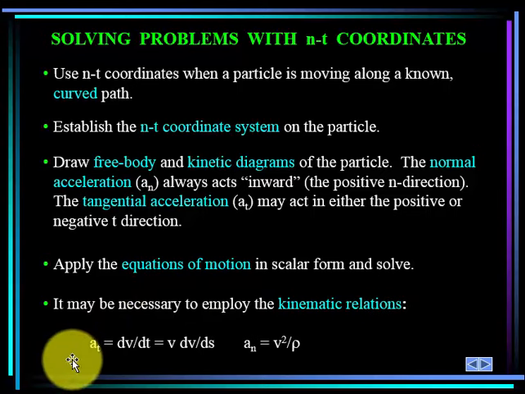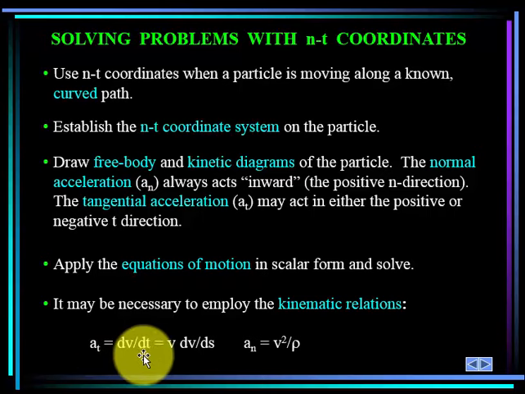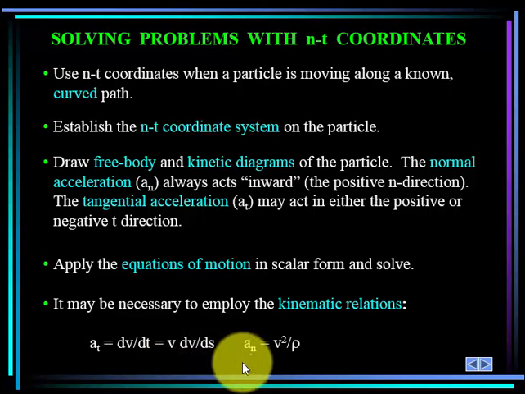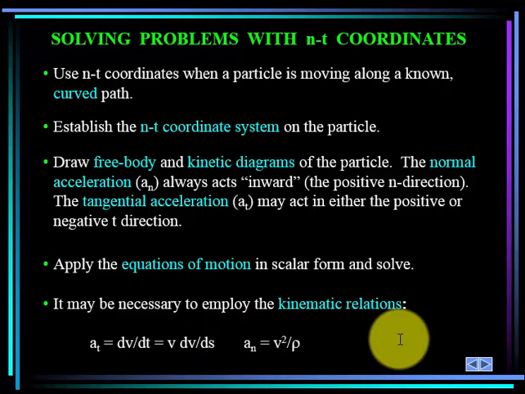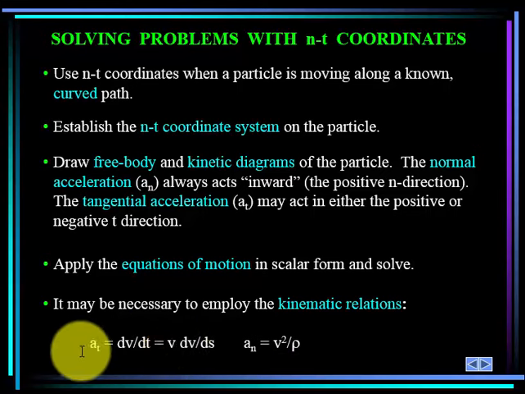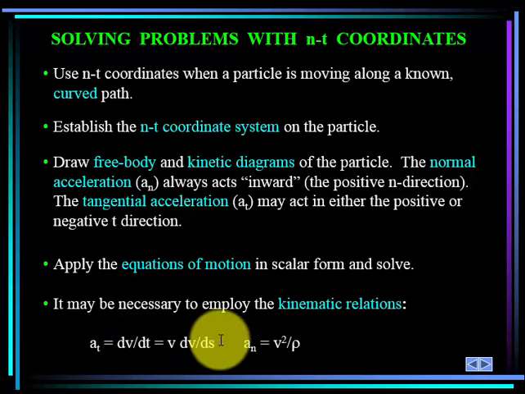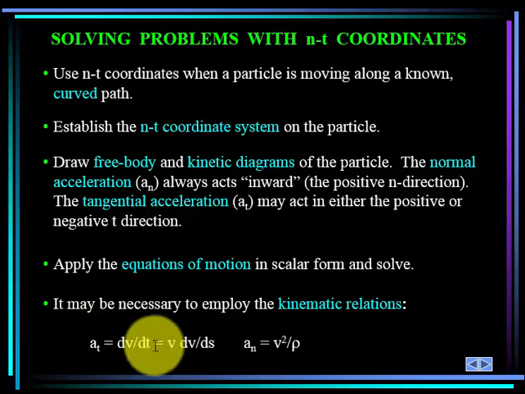Part of the kinematics might be that the tangential acceleration is dv/dt, but it also might be in an a ds equals v dv way, that the acceleration is equal to v times dv/ds. And the kinematic relationship that the normal acceleration is v squared over rho.